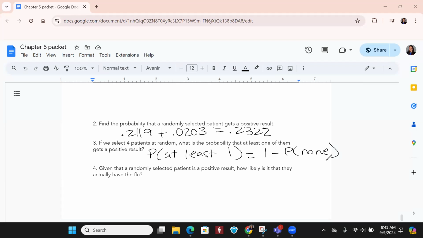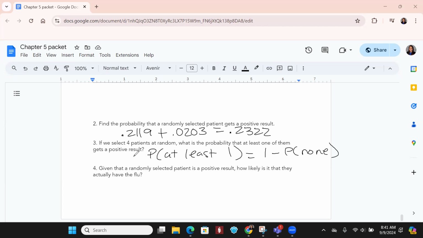1 minus p none. Because we want to see when they don't get a positive result, right? Okay, so looking at our little tree diagram, what would be a negative result? What's the probability of getting a negative result? Well, the 2 negatives, right?